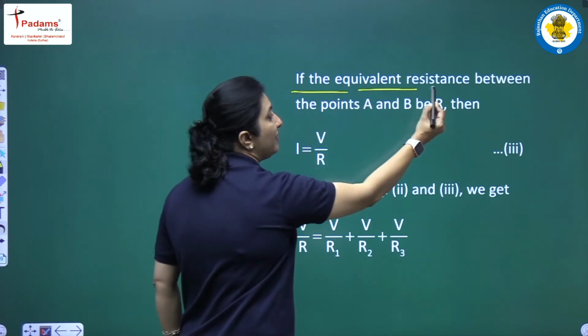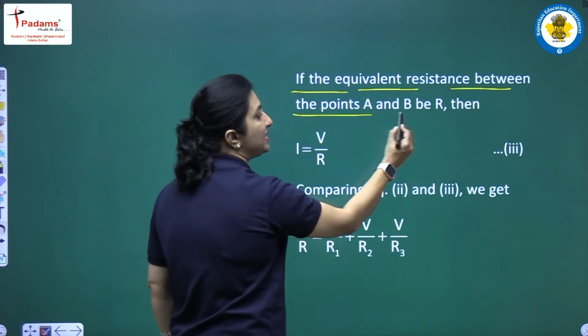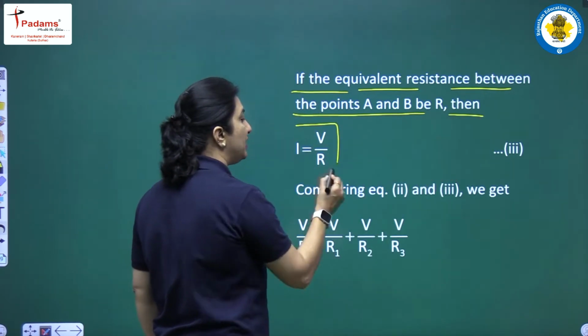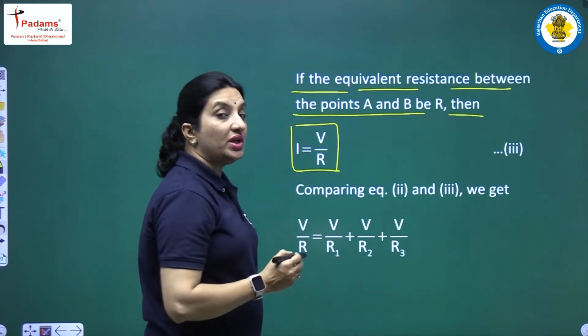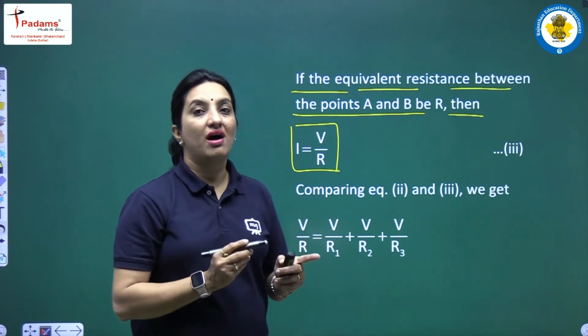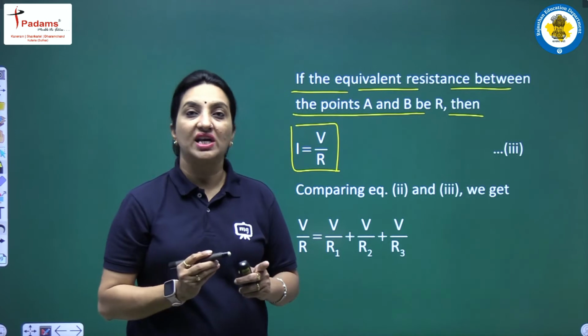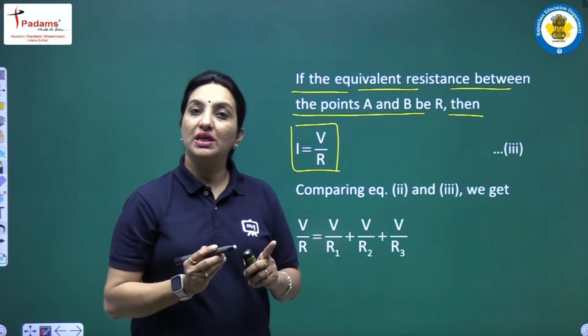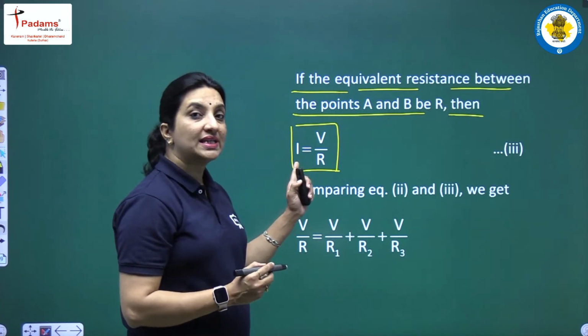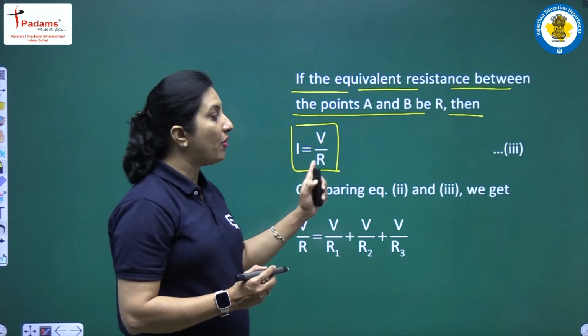If the equivalent resistance between the points A and B be R, then I is equal to V upon R. Here students, if we take the equivalent resistance of R1, R2 and R3, which are connected in parallel, to be equal to R, then by Ohm's law again we have I is equal to V upon R.